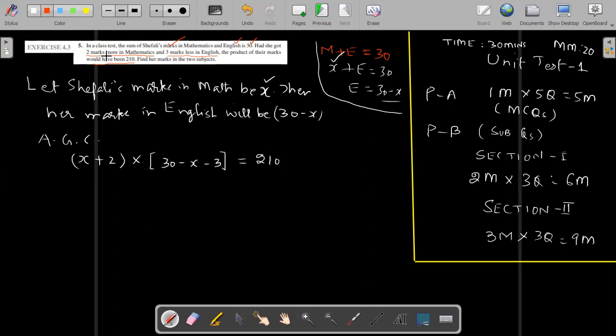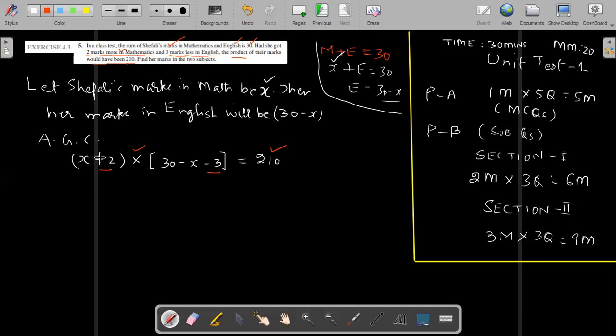Again, see, 2 marks more in mathematics, so x plus 2. 3 marks less in English means minus 3. And their product, multiplication, would have been 210, that is equal to 210 according to the given condition. Okay.